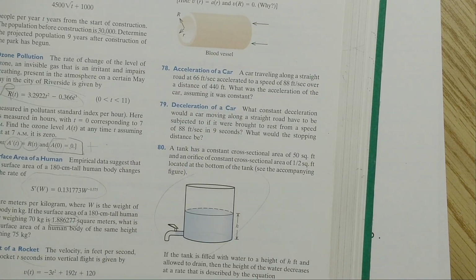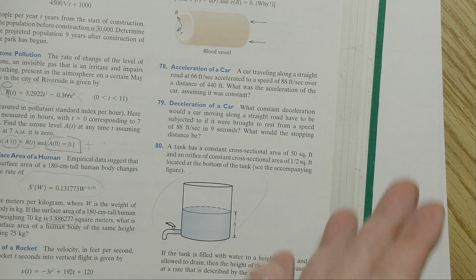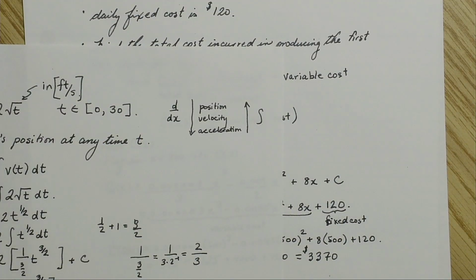So something like these, 78, 79, those are also good to practice with as well. Okay, so we've covered applications of the antiderivative. Hopefully these problems will also give you more experience in the skill of anti-differentiation, or we'll also call it integration.